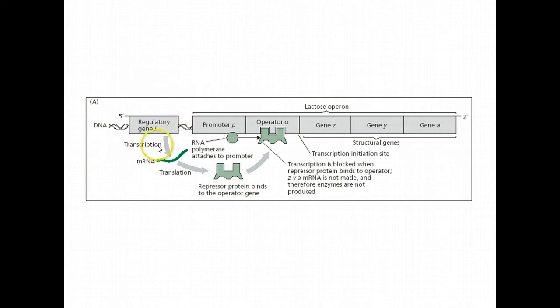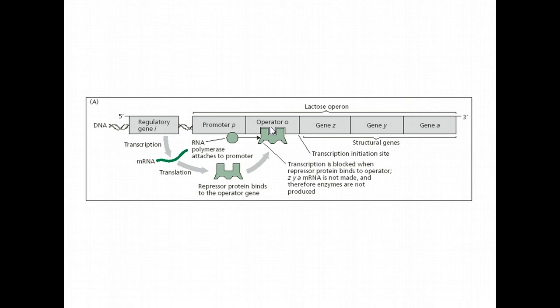So under conditions where there's no lactose, you have this repressor protein produced, and this repressor protein binds to a site called the operator. And then the RNA polymerase binds, and it runs into a roadblock, and it falls off. Okay? Questions about that?